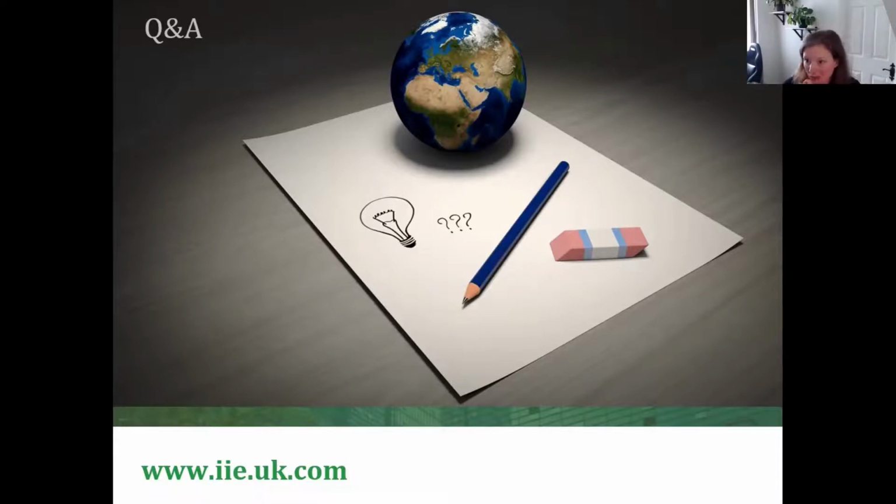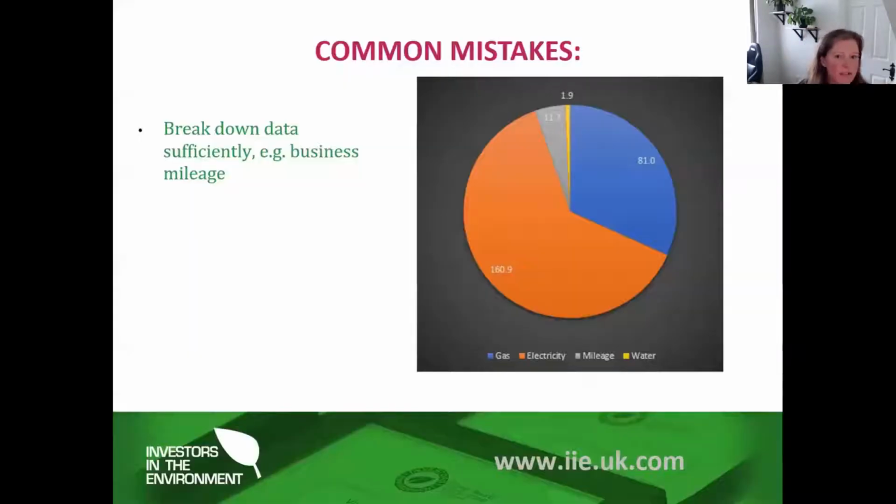Right. Under common mistakes, A, I couldn't hear what you said. You added all the mileage together and it didn't differentiate between street mileage and something else. So it didn't differentiate in several different ways. So it was this slide. So break the mileage down very well. So they didn't differentiate between fleet mileage.